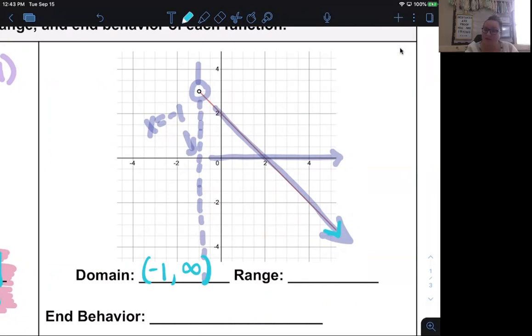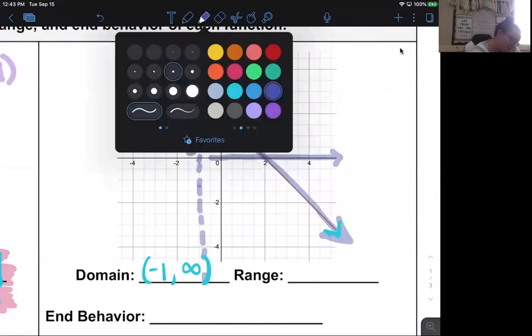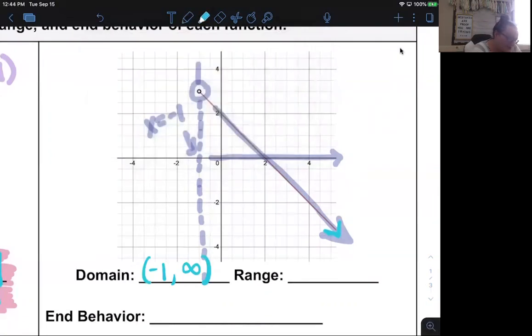So now let's go ahead and talk about the range. For our range, it looks like this line is below this y value of 3. Because all of our y's are below that point, I know that 3 is my maximum. So the 3 is the largest number in our range.